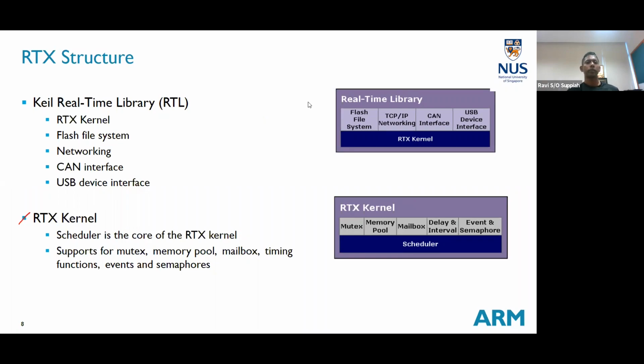So if your project requires USB device interfacing, flash system, networking, and so on, these are also supported in the library. But for our use case, the basic kernel is what we are using to come up with the architecture. And in terms of libraries, we are going to be developing our own libraries to control all the various subsystems, or you have already been developing them.